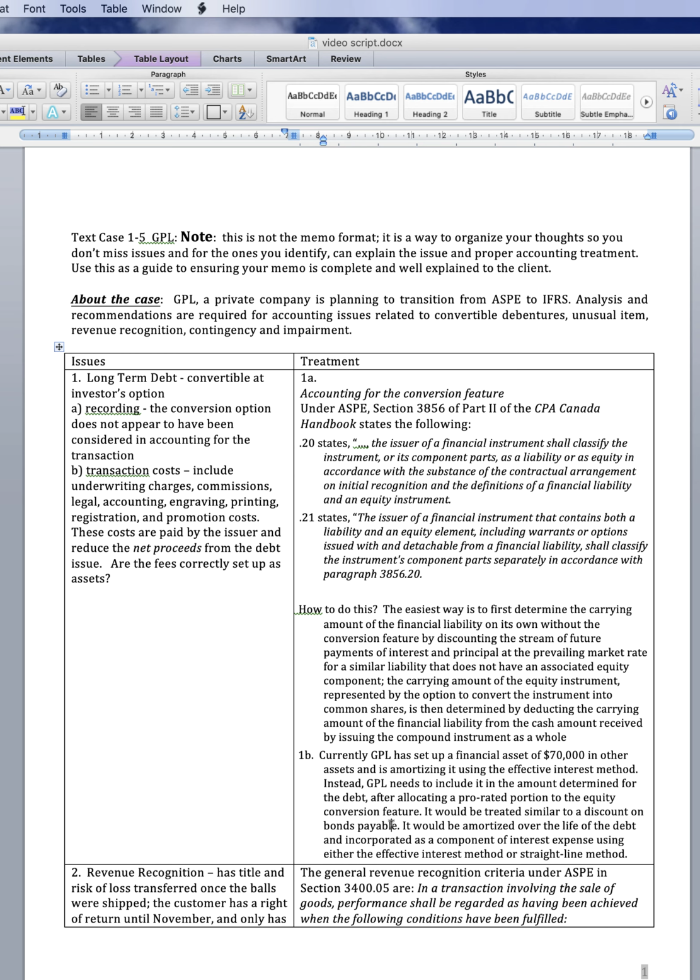The only thing is you'd amortize it over the life of the debt, okay? And you would actually take in that cost of the transaction costs as part of your interest expense when you amortize the discount, right? So the interest expense is going to include not only any amortized discount, but also some piece of that transaction cost. So it's going to get amortized over the life of the bond.